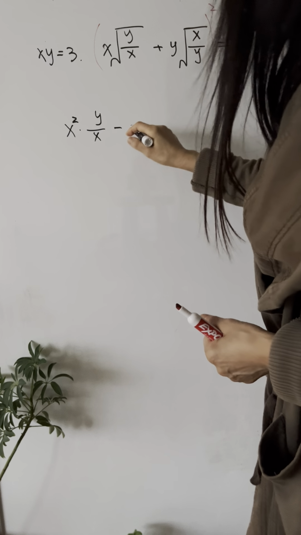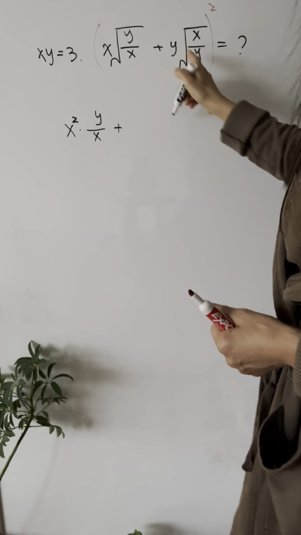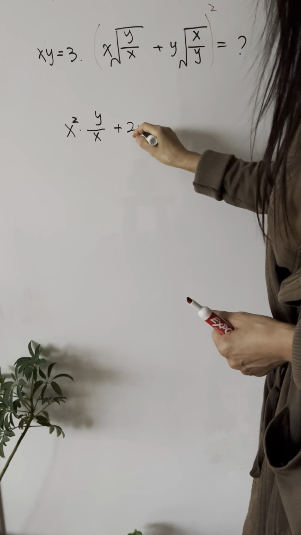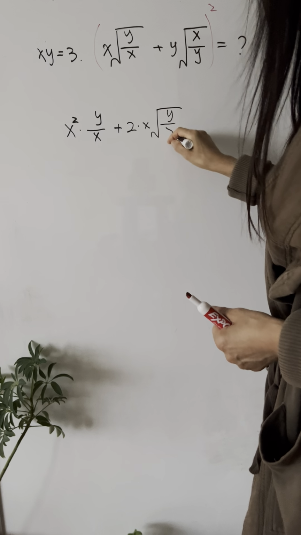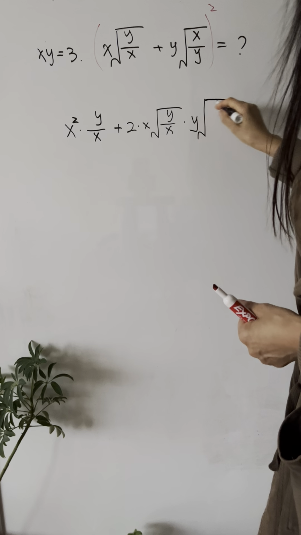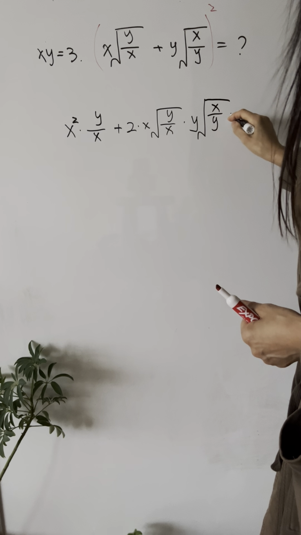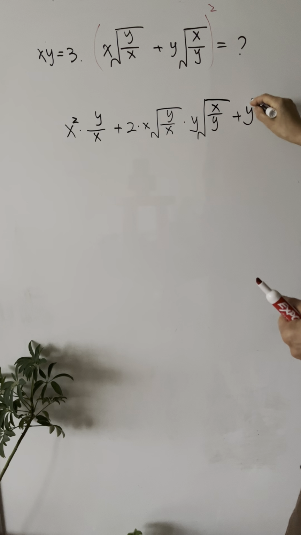Then plus, because this is plus, right? Perfect square, 2 times x square root of y over x times y square root of x over y, then plus this term squared. That's y squared times x over y.